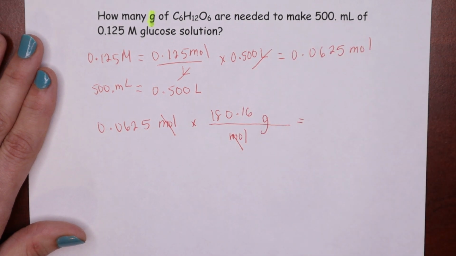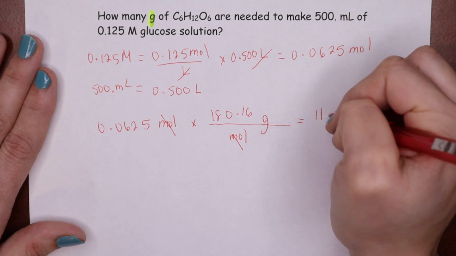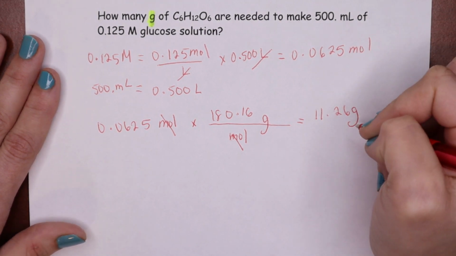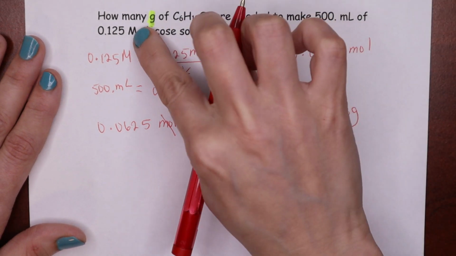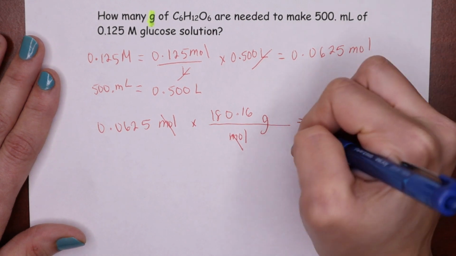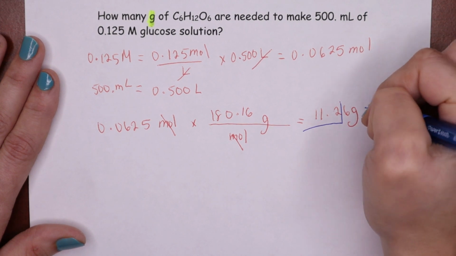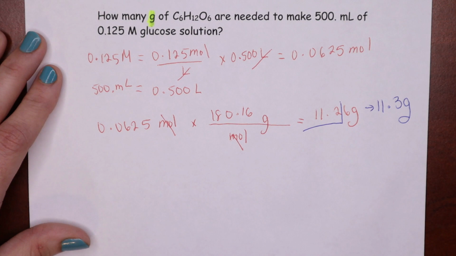So you're going to plug this into your calculator, and your final answer is going to be 11.26 grams. But let's not forget about significant figures. We have 3 sig figs here, we have 3 here, so our final answer should also have 3. Let's stop right there. Do we have to round? Yes, we do. So our final answer is 11.3 grams of glucose.